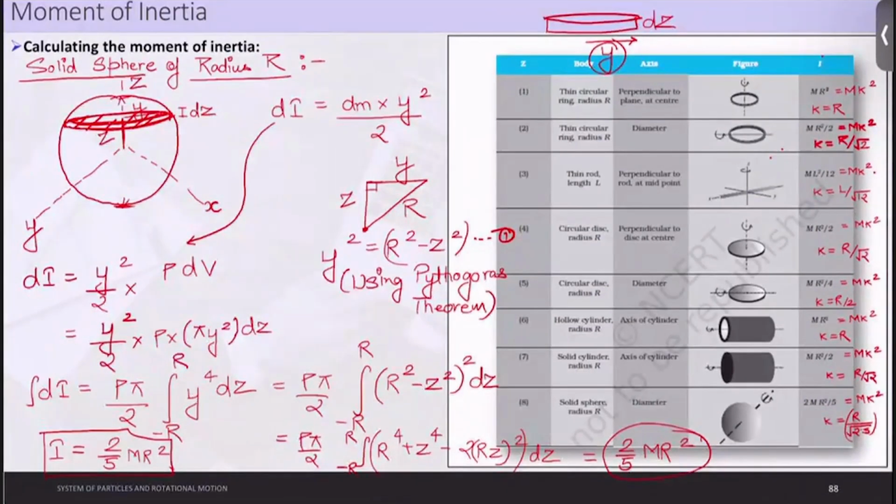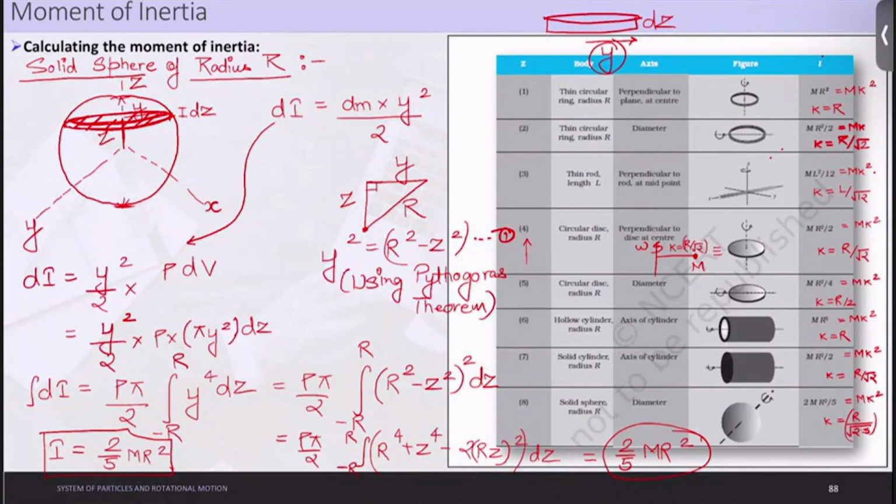So that's how you can understand the concept of radius of gyration. So basically what is happening, let us suppose we need to understand this for a circular disk. So this circular disk is analogous to a mass, not a small m, basically a mass capital M, which is the same as the mass of the circular disk, rotating with the same angular velocity omega at a distance of k, which is equal to r by root 2.